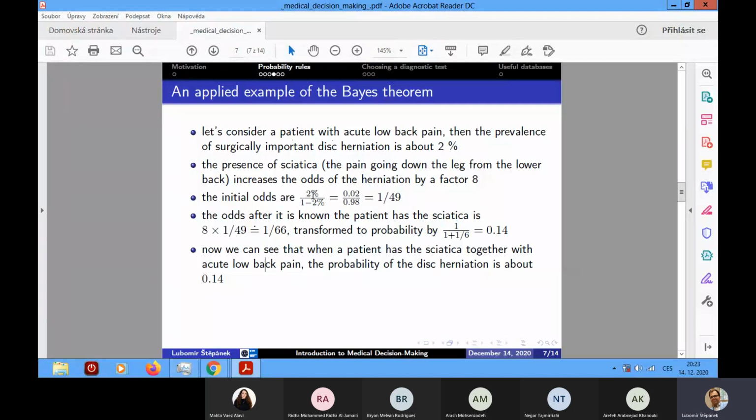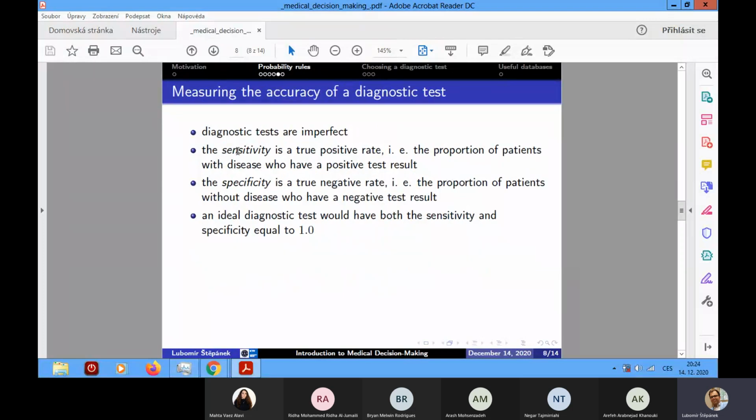This kind of calculation is relatively easy to do, for example, to decide if some additional examination should be done or not. It's just easy arithmetic to be done, to be more confident about the situation.